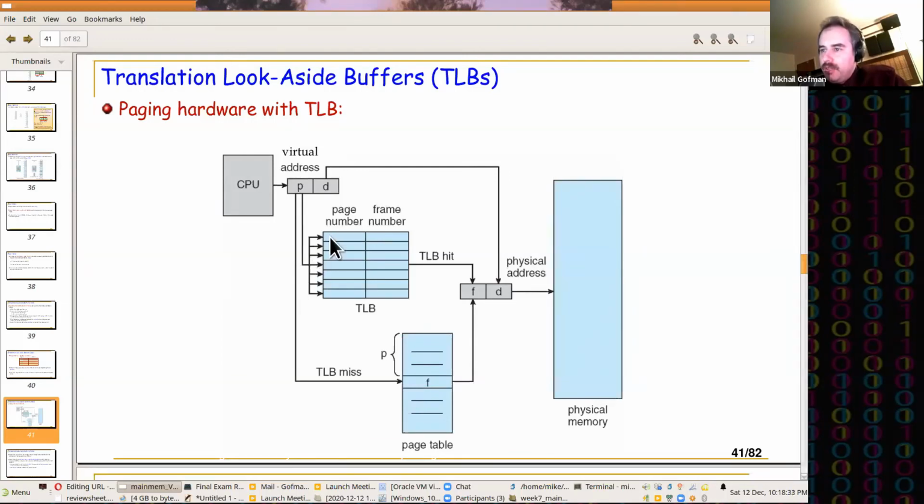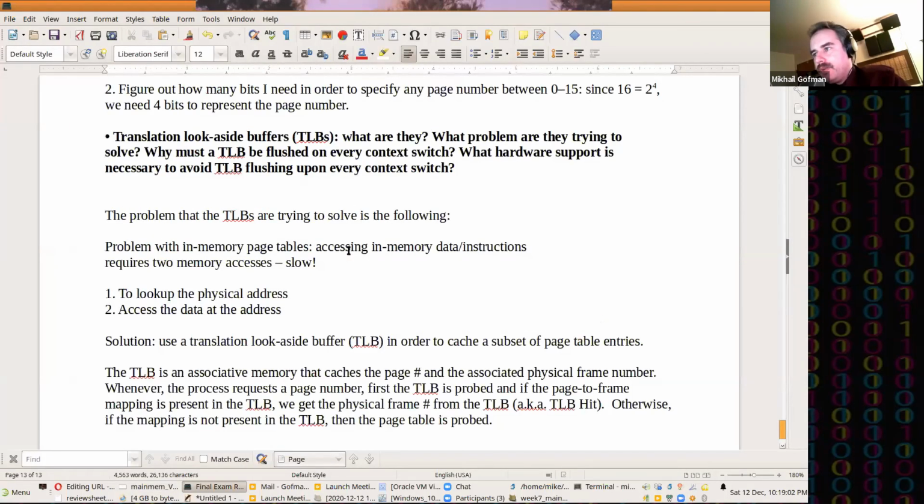And TLB is a piece of hardware which allows me to compare all of the page numbers in parallel. And if one of the page numbers matches, then we have a TLB hit and the physical frame number is gotten quickly from the TLB. Otherwise, on a TLB miss, we have to probe the page table, okay? That's basically the idea.